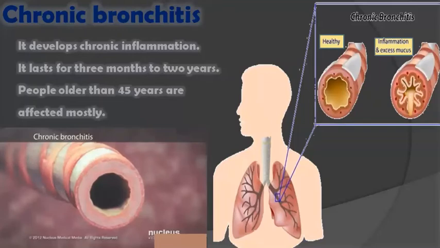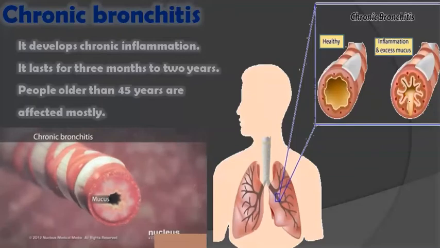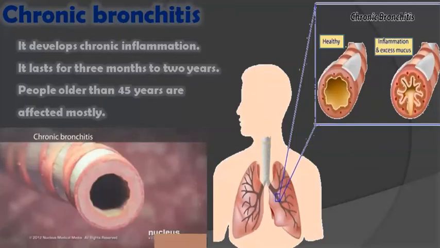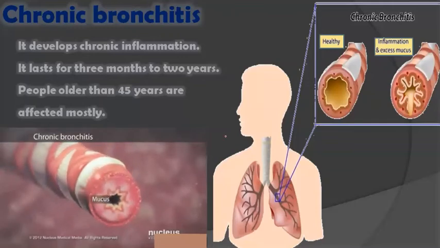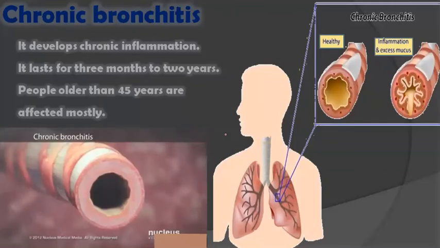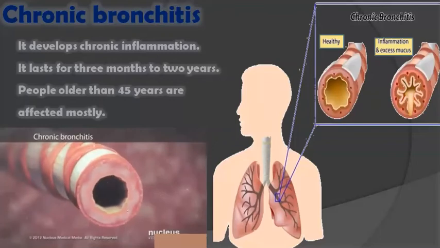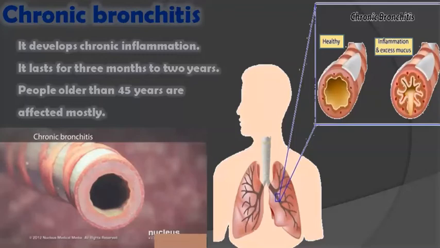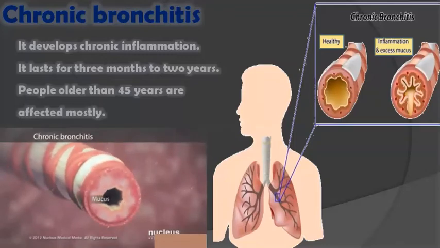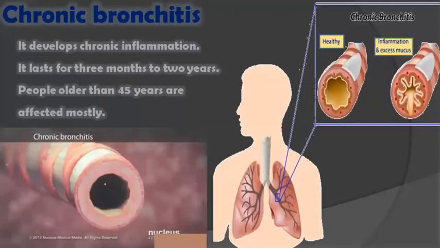Chronic means it can last from 3 months to 2 years or more if it is not treated, and it can even be lethal or dangerous for the person if not treated. Here this is the normal one, and here the mucus gets accumulated and the bronchi get narrower.